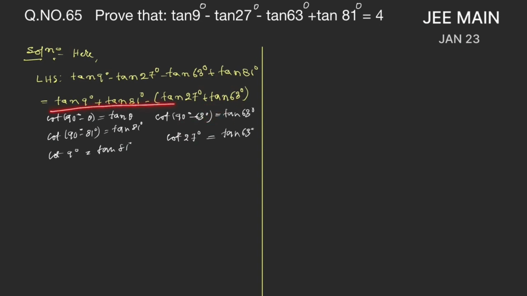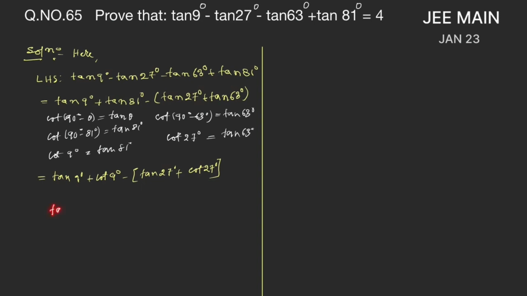Now this we are able to write as tan 9 degree plus cot 9 degree minus tan 27 degree plus cot 27 degree.